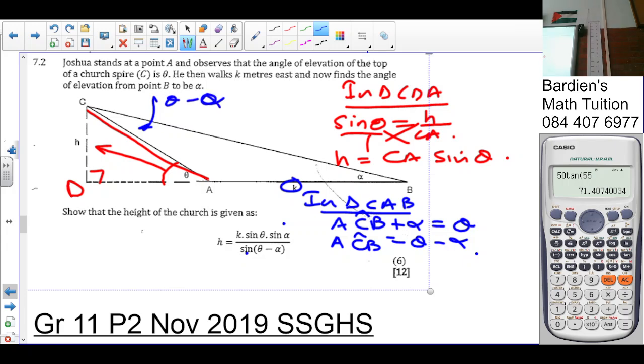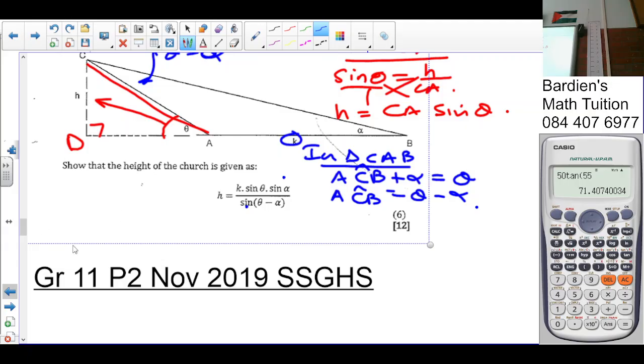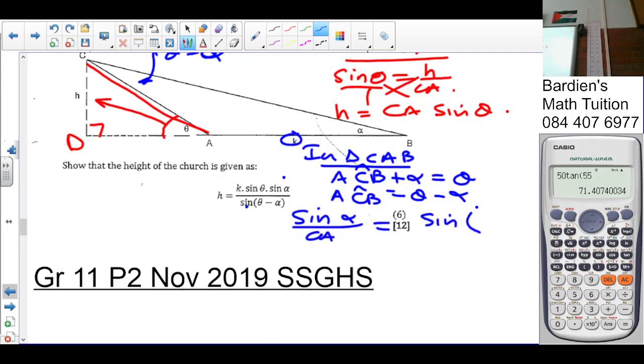So now that gives us sine of alpha over CA is equal to sine of theta minus alpha over X. So I'm going to make CA the subject of the formula.